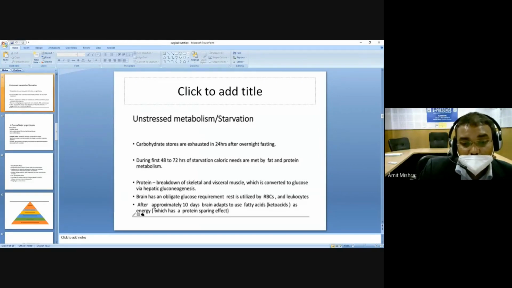After approximately 10 days, the brain adapts to use fatty acids and keto acids as energy, which has a protein sparing effect.